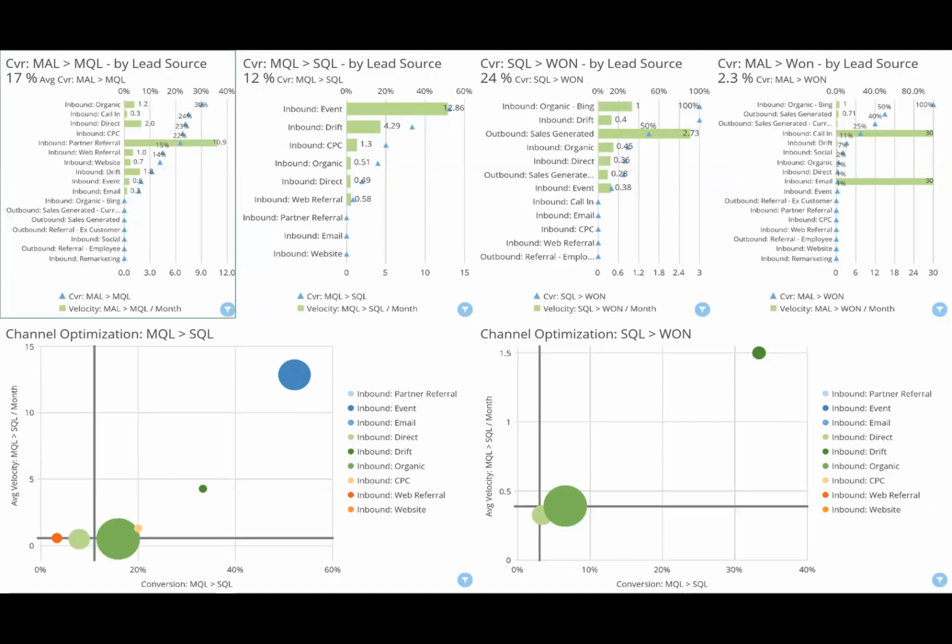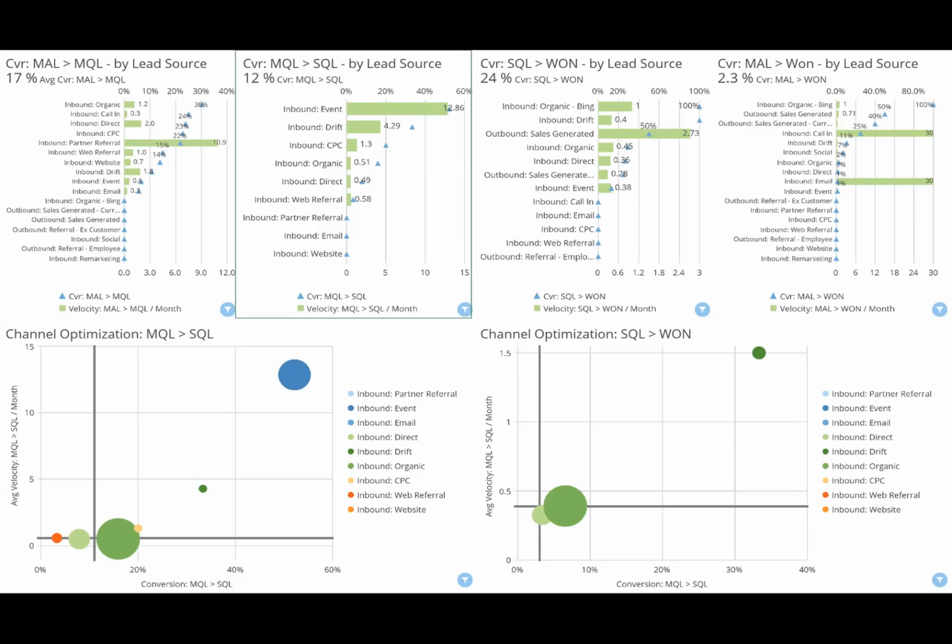And so many of us might be patting ourselves on the back at this point, depending on what you're optimizing for. But if you start moving down the funnel, you start seeing a slightly different story emerge. When sales gets involved, you can see that they're qualifying fewer of those leads and at a lower rate, especially when we're talking about inbound organic, which is now fourth on the list.